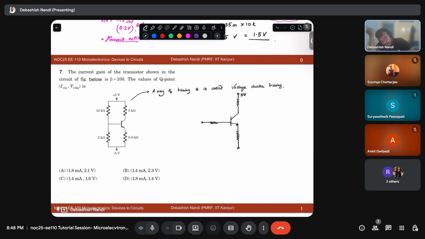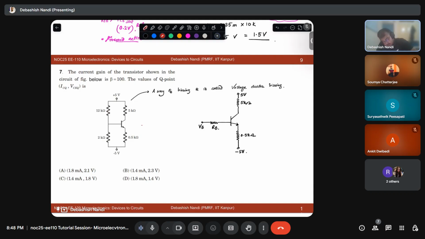Let's say this is 5 volt, this is 5K, this is 0.5 kilo ohms, this is minus 5, right? This is, let's say, VB, this is RB. If someone gives me this form, I can easily find out.